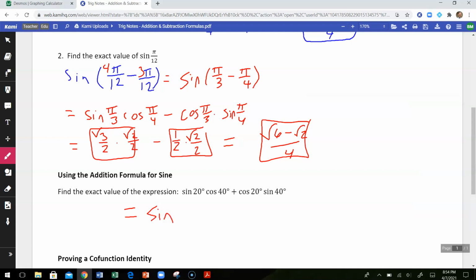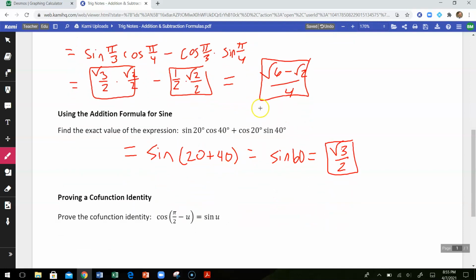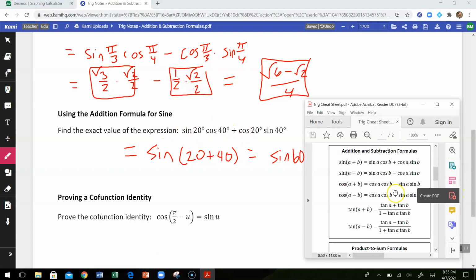This is just going to be the same as the sine of 20 plus 40, which is the sine of 60, which is the square root of 3 over 2. Okay, so using it backwards is much easier. I just have to find which one of those patterns it fits and apply that.